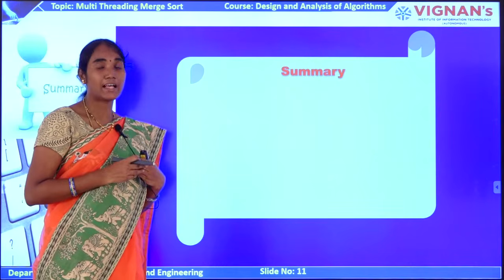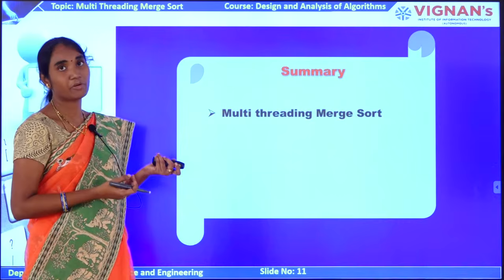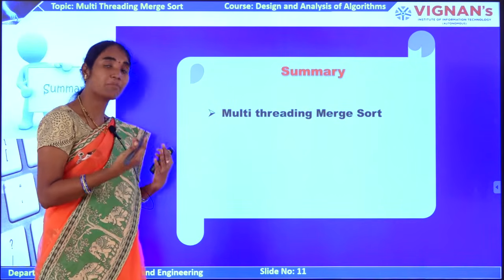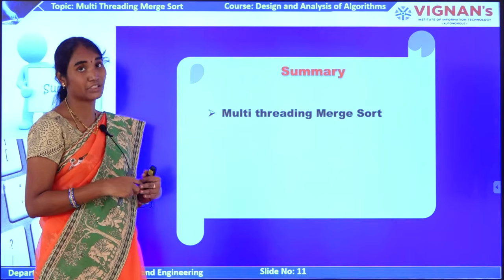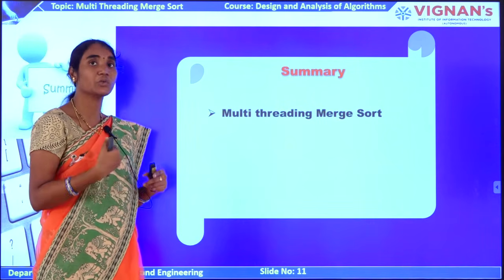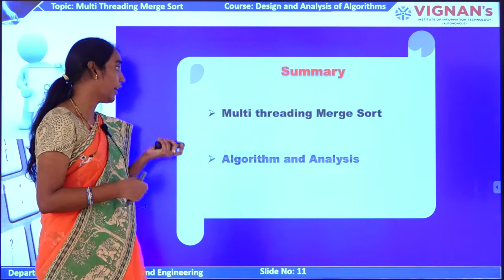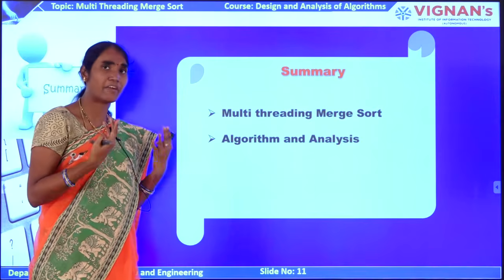In today's class we have seen the serial version of merge sort, that is with the help of divide and conquer, and also we have seen the parallel version by incorporating the multi-threading concept into the merge sort algorithm, and also the simple algorithm where I have 3 threads.